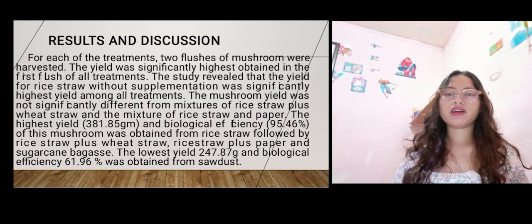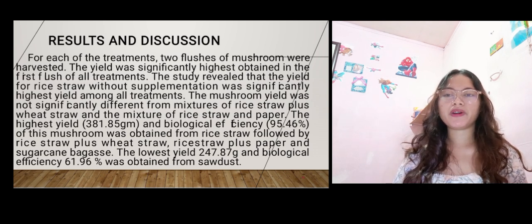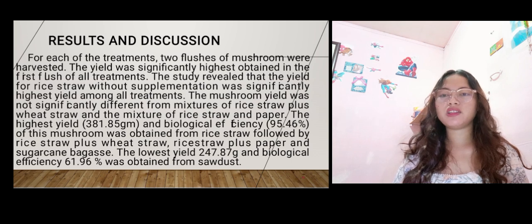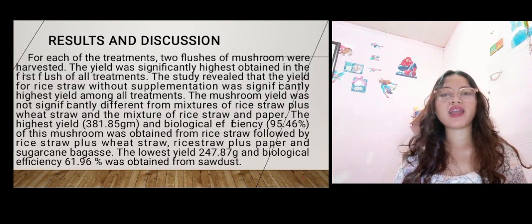The mushroom yield was not significantly different from the mixture of rice straw plus wheat straw and the mixture of rice straw and pepper. The highest yield, 381.85 grams, and biological efficiency of 95.46% of the mushroom was obtained from rice straw, followed by the rice straw plus wheat straw, rice straw plus pepper, and sugarcane bagasse.